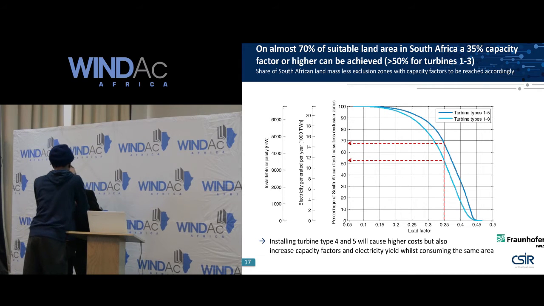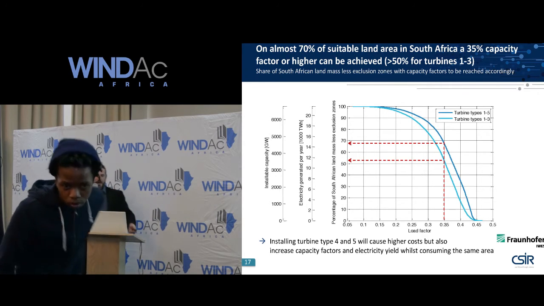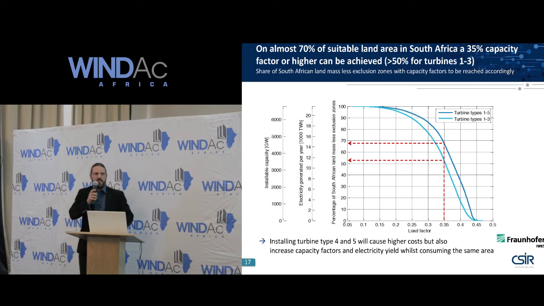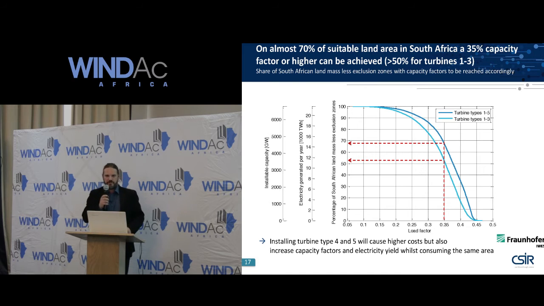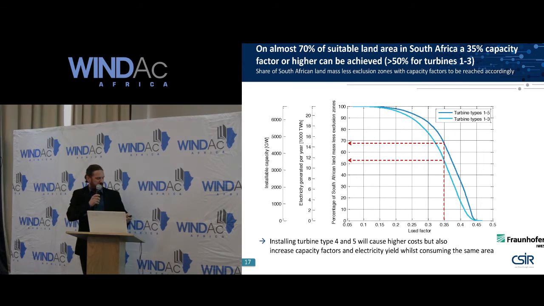Coming to the second aspect, which is also about cost, is the question how much space is available in South Africa for supplying such low cost renewable energy. This slide has already been shown by Tobias yesterday.